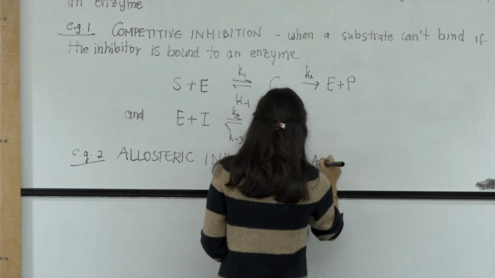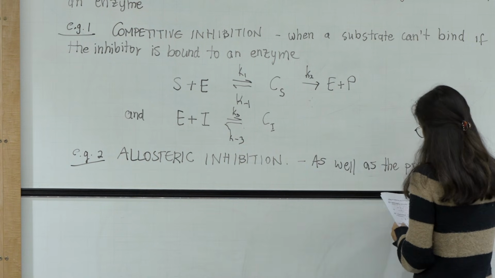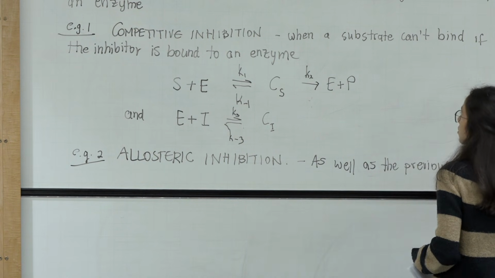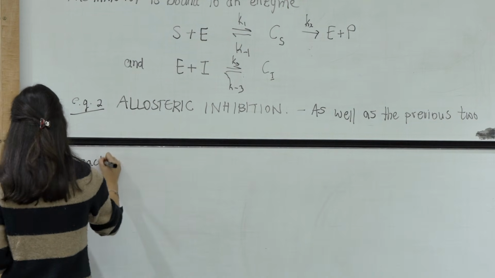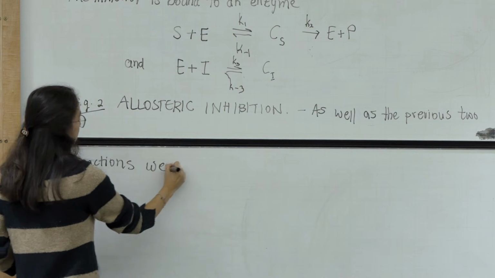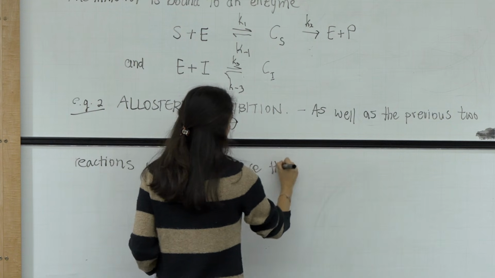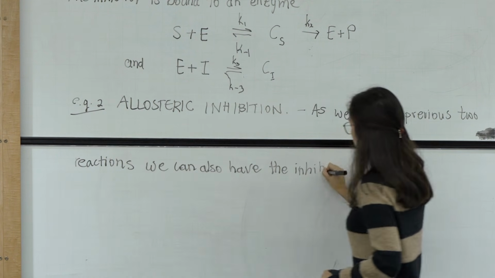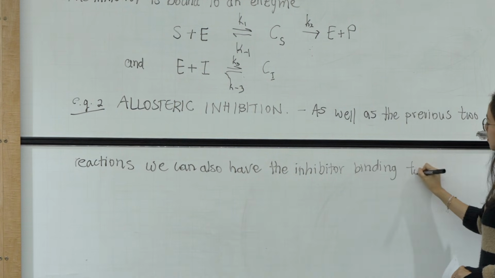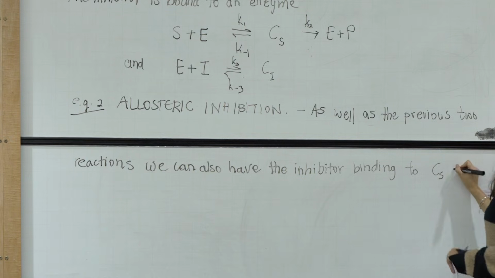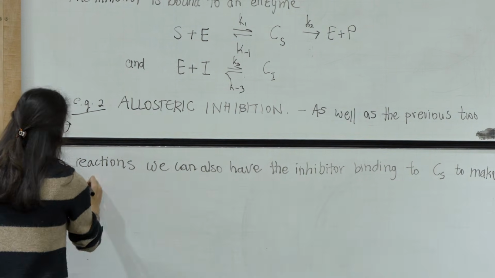So let me write something down so that you remember. As well as the previous type of inhibition, so these two reactions, we can also have the inhibitor binding to the CS to make a different product.